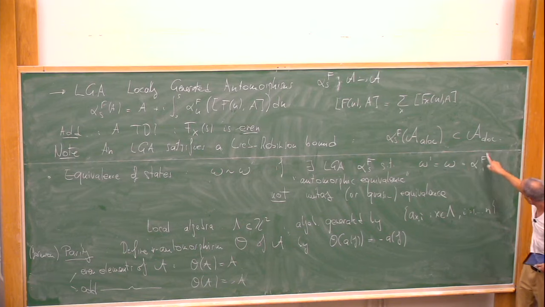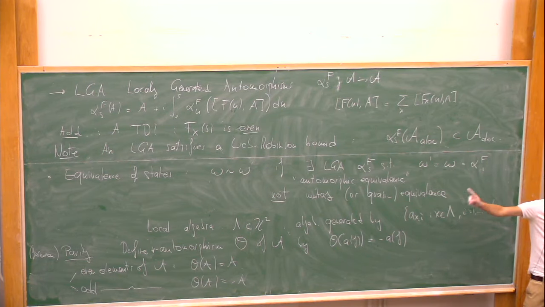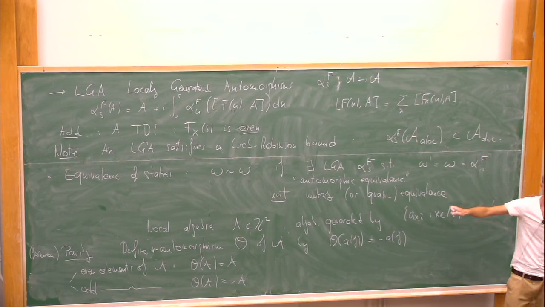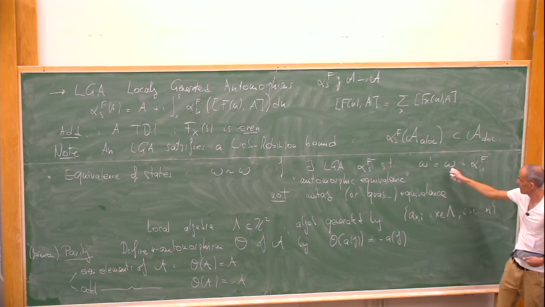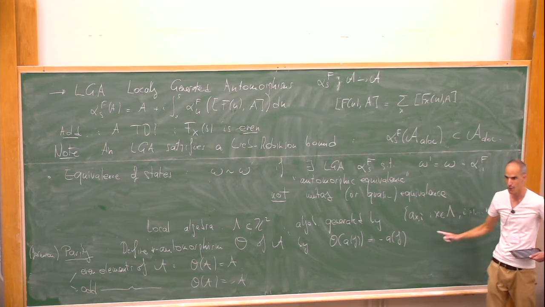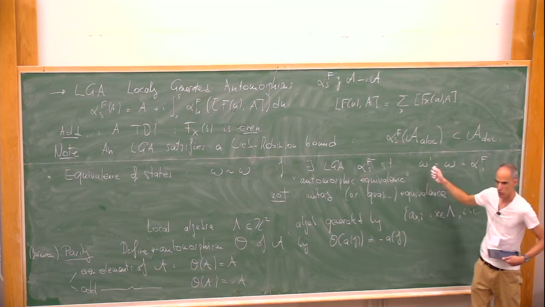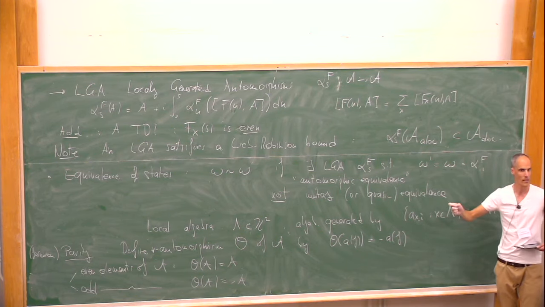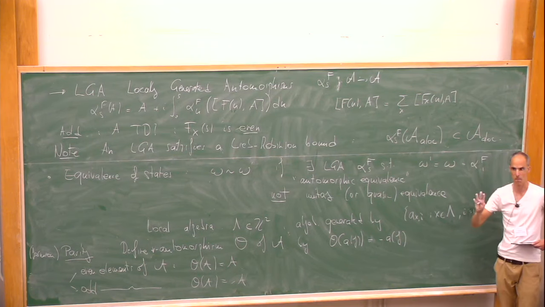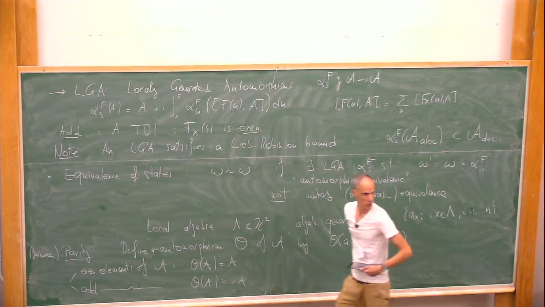So this changes the state here absolutely everywhere, including at infinity. So in general, omega prime really differs from omega not only locally here, but also far out at infinity. And therefore, in general, there's no reason why two states that are automorphically equivalent are also unitarily equivalent. In general, this is wrong. Okay? So just be careful when you see this sort of equivalence relation.